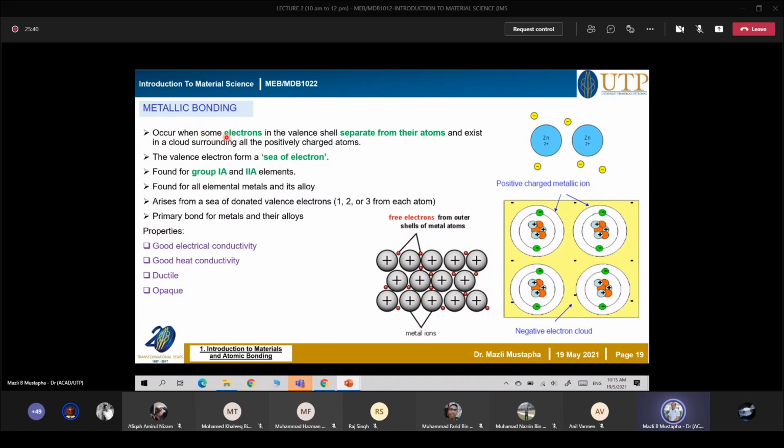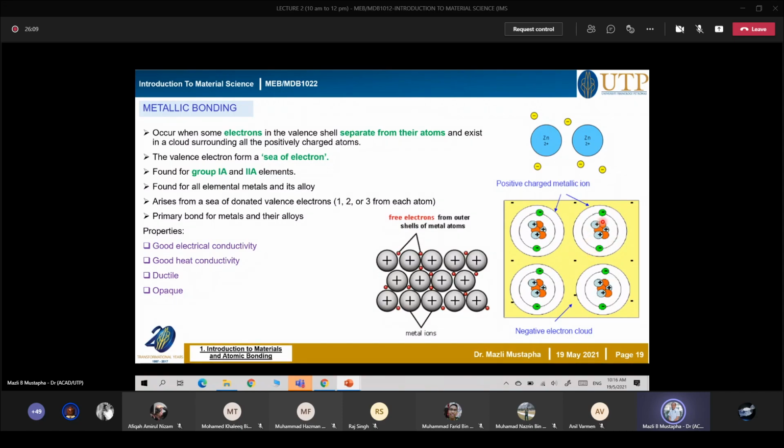Metallic bonding occurs when some electrons in the valence shell separate from their atoms and exist in a cloud. You can see the cloud of electrons here. So the valence electrons form a sea of electrons, which means we have positively charged metallic ions and a negative electron cloud.